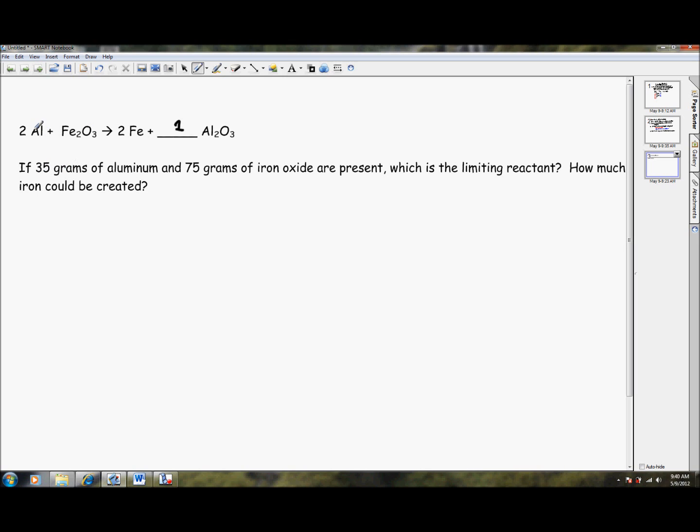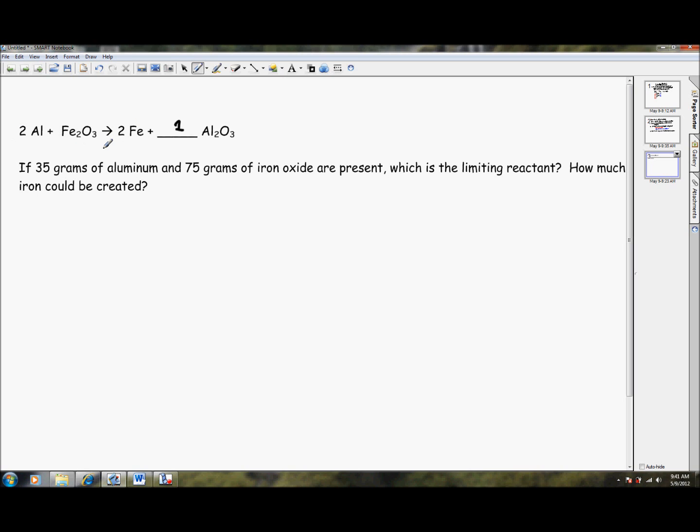We're told that we have a certain amount of aluminum and a certain amount of iron oxide. So we're going to figure out, if we combine these two, which one would get used up, which one would be left over, and the second part of the problem will be how much iron would be created.